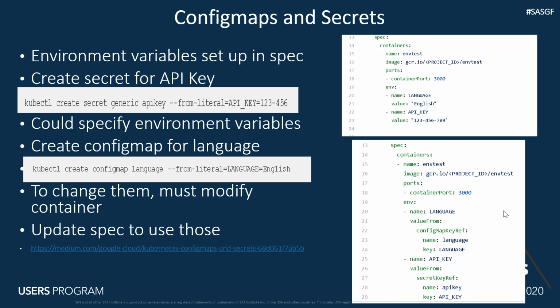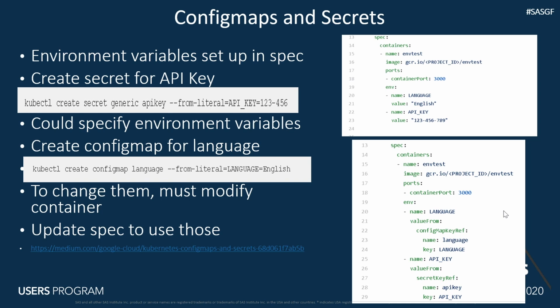You can see we're using the kubectl create command to create this object of secret type, an API key, and from literal, the information you want to store in there. And then we could also specify it in a config map for the language. The same idea: create a config map that has this information stored in there. So in this way, we can specify it through config maps.